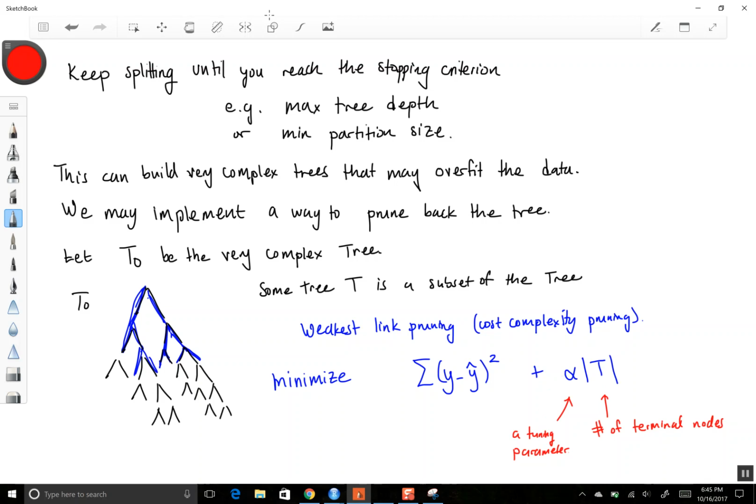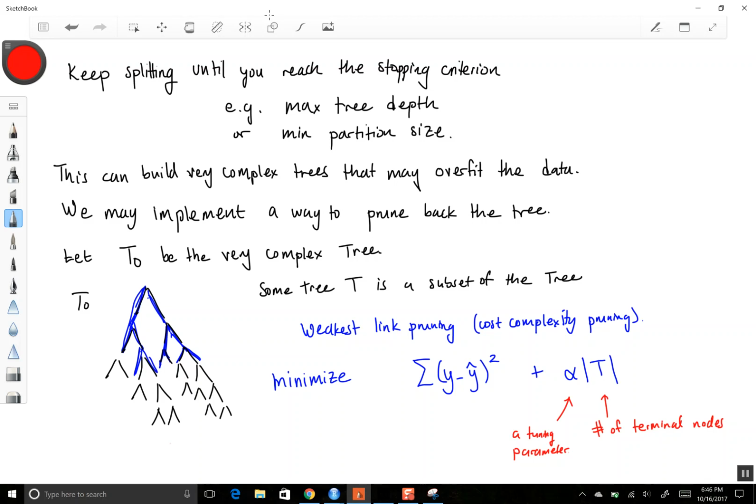On the other hand, if you put this at 0, then there's no penalty for adding terminal nodes, and you just end up getting the super complex tree that only stopped because of your stopping criterion. So you'd pick some number here, and each terminal node I'm adding, my reduction in residual sum of squares has to outweigh that, basically.